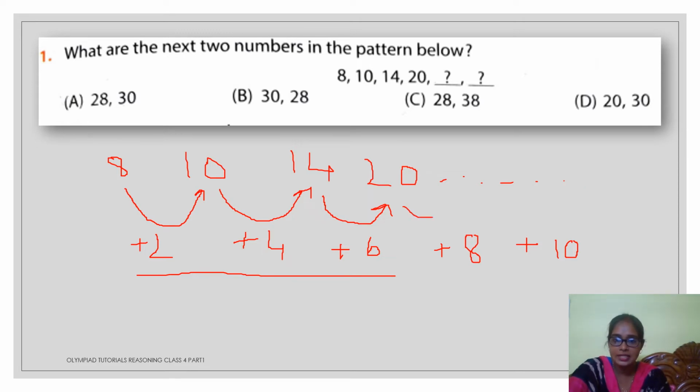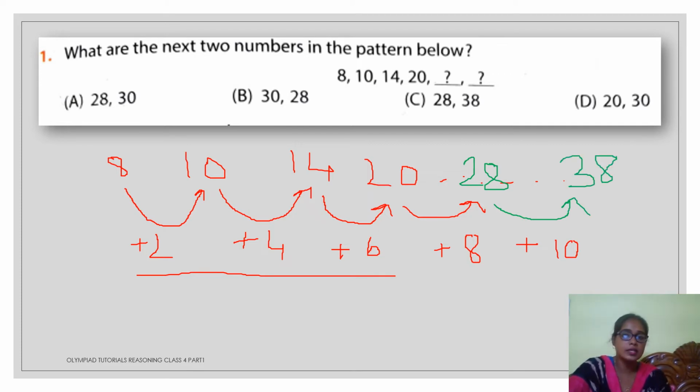So 20 plus 8 will give you 28, and 28 plus 10 is going to give you 38. So by looking at the 4 options, you can see that option C is giving us the set of numbers 28 and 38. So we'll just tick the answer C. So in this way you have to go on finding the series.